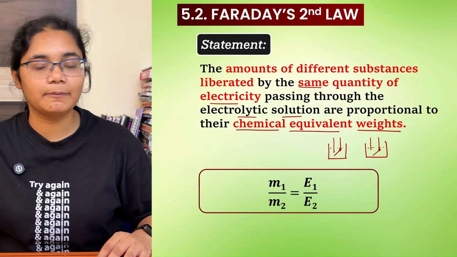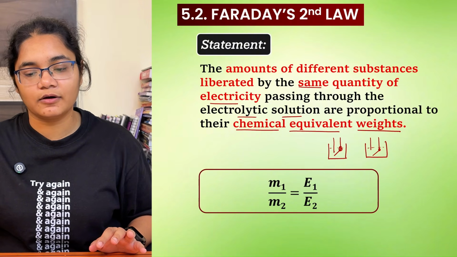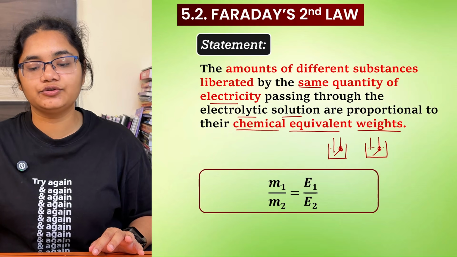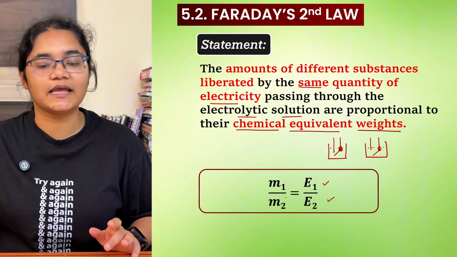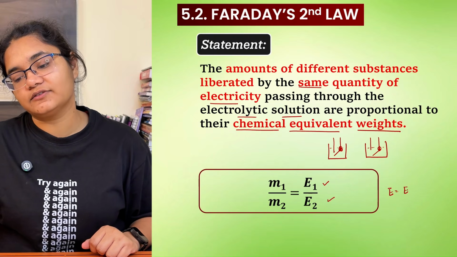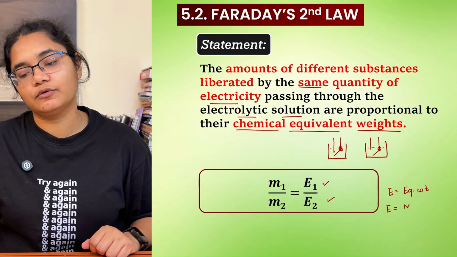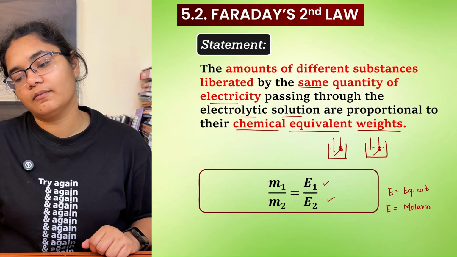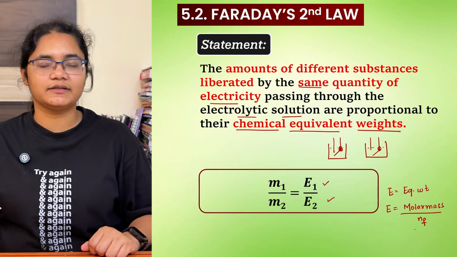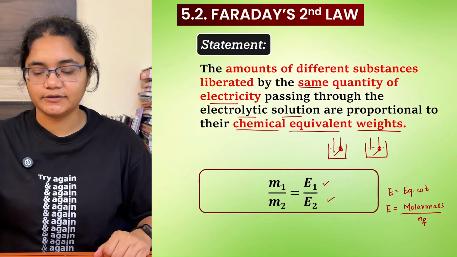You are passing the same amount of current for both the cells, then the ratio of the mass deposited here and the mass deposited here will be equal to their equivalent weights, means m1 by m2 equals e1 by e2. What does E stand for here? It stands for equivalent weight. And how do we calculate equivalent weight? That is equal to molar mass by n factor. The n factor is the valency or the number. Based on the structure, we have different n factors.